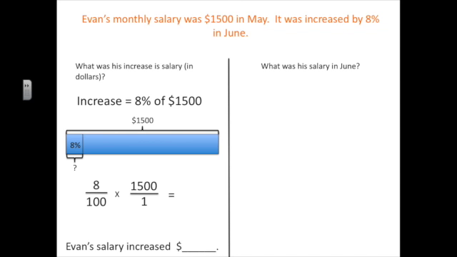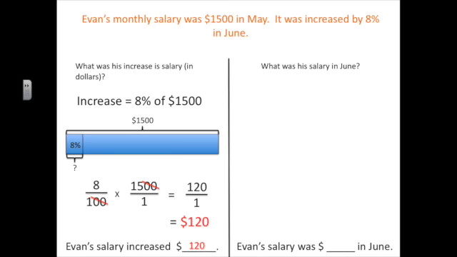We can cross cancel because both 100 and 1,500 are divisible by 100. And then we multiply our numerators and our denominators. 120 over 1 is $120. And then we want to express this improper fraction as a whole number and make sure that we label it. So the increase is $120.